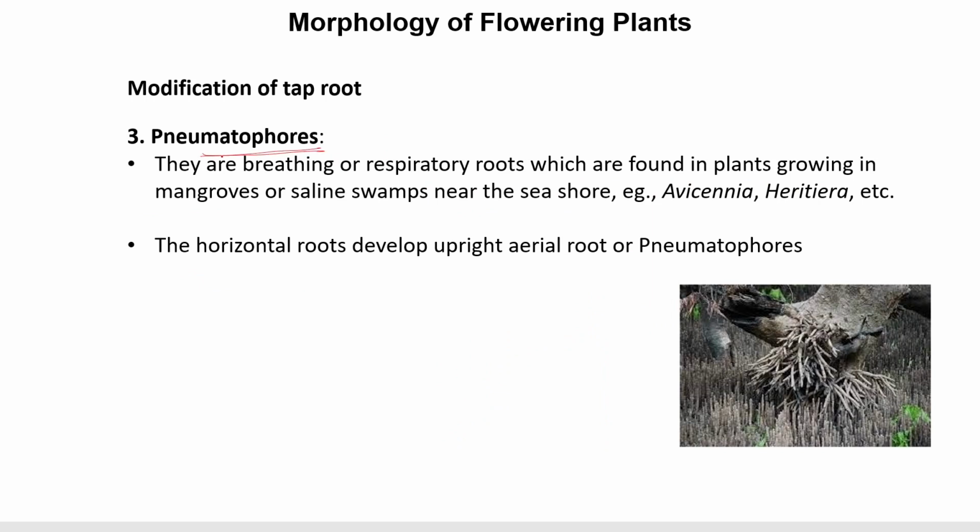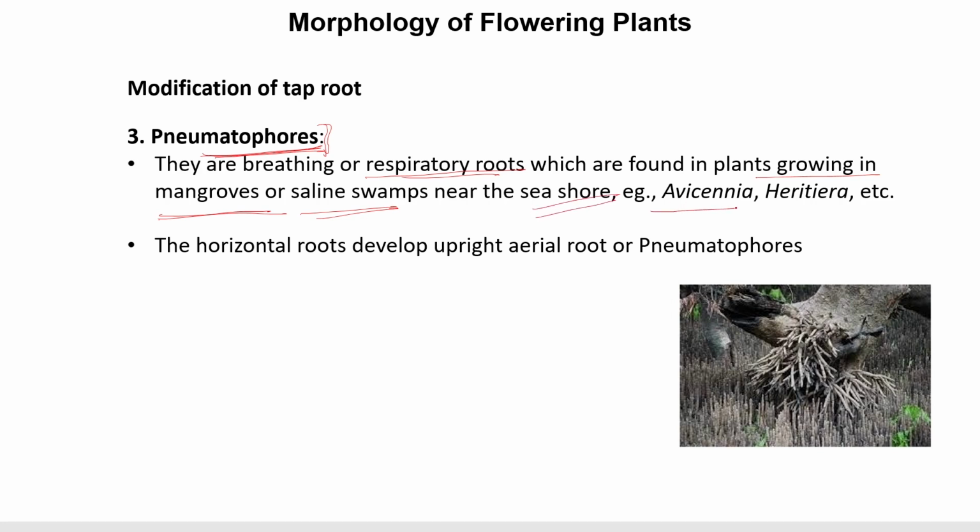Pneumatophore, this is very unique and it is found in plants which grow at the seashore. They are breathing or respiratory roots which are found in the plants growing in the mangroves or the saline swamps. Okay, so mangroves and saline swamps near the seashore.